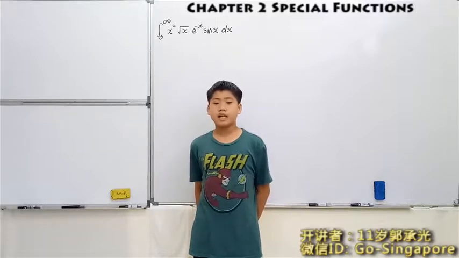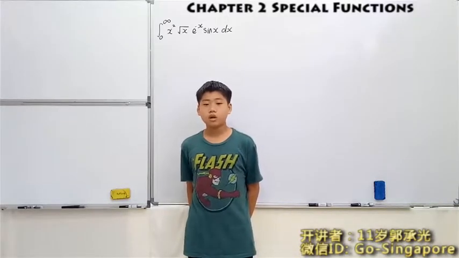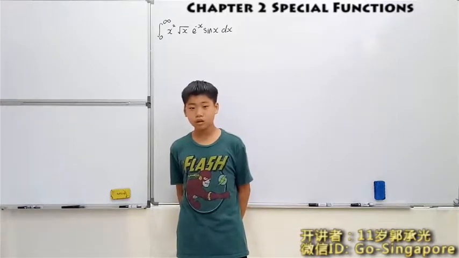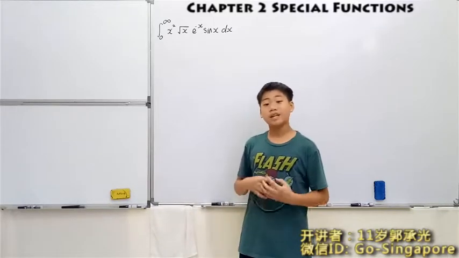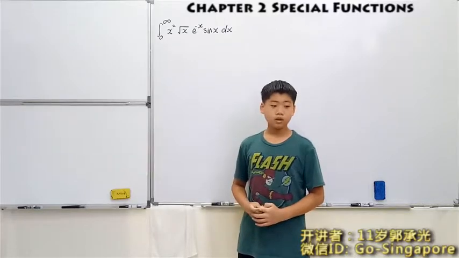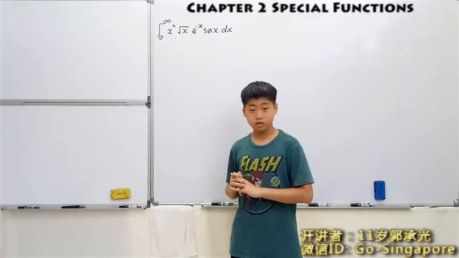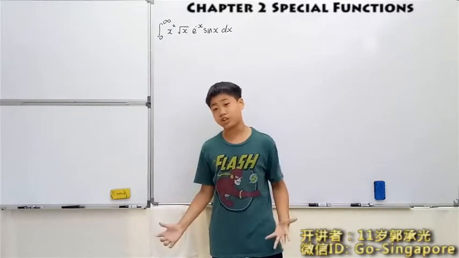So far, until this lesson in techniques of definite integral, what have we learned for the special functions? For that, we have already learned about gamma function and beta function. But with these two functions that we have already learned, we need to know how to use them in our integrations.